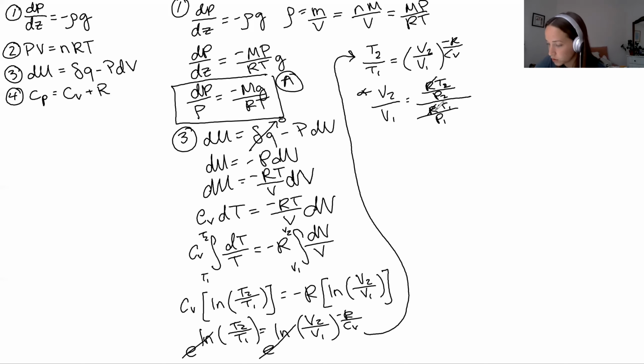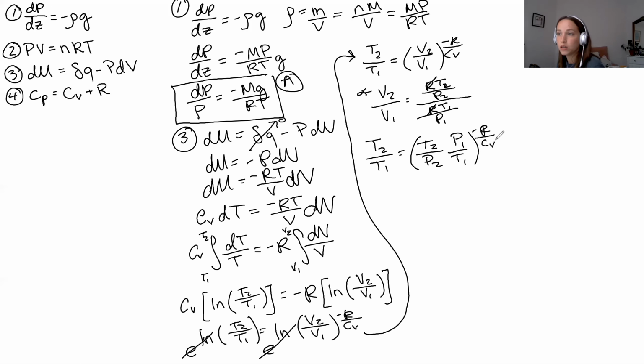So these R's cancel, and then we can sub that back into our equation. So we have T2 over T1 equal to T2 over P2 times P1 over T1, all raised to the negative R over CV. Okay.